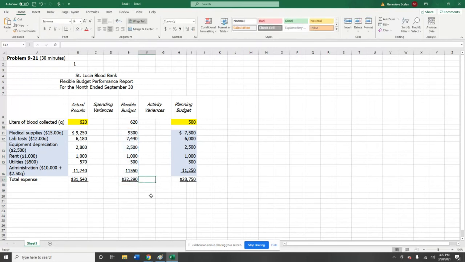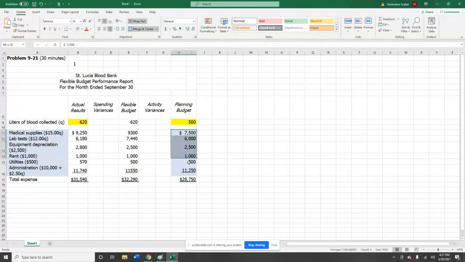$32.90. All right, so now I've got 3 sets of numbers to look at, right? I've got my actual results, I've got my planning budget, which we already had, and now I've done my flexible budget. And to do that flexible budget, I took my actual quantity, but my original formulas, right?